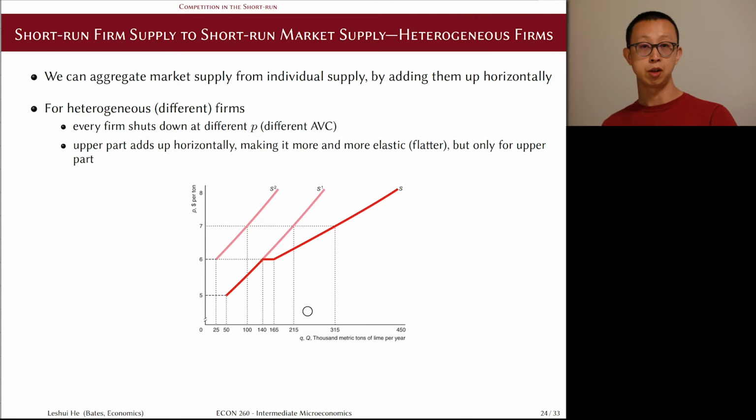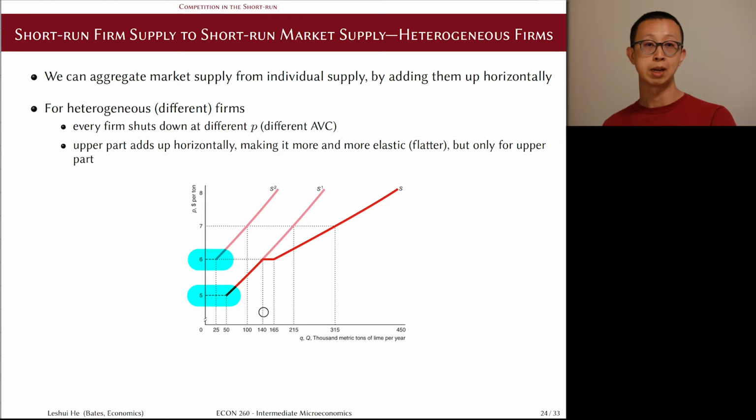What if the firms are not all identical, or heterogeneous? Well, if the firms have different average variable costs, then the aggregate market supply curve will not be perfectly flat. And this is because different firms will now have different shutdown points. For instance, in this graph, firm 2 has a higher shutdown point at $6, whereas firm 1 has a lower shutdown point at $5.